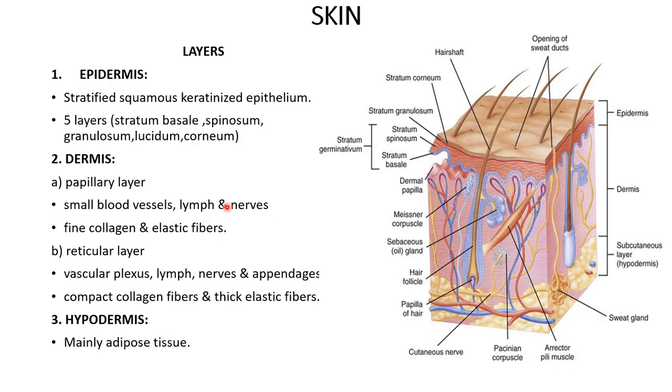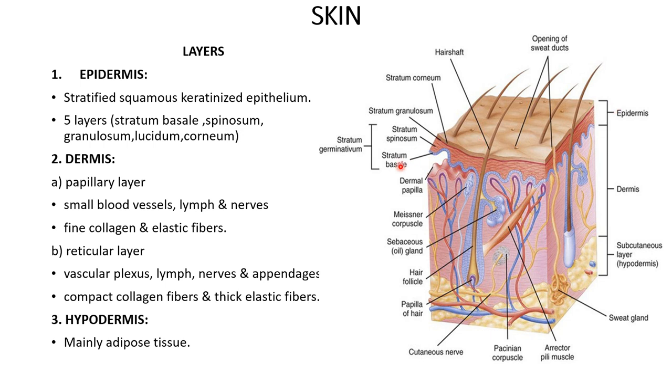Now I would like to give you a brief summary of what we have studied. The skin comprises 3 layers: the epidermis, dermis, and the hypodermis. The epidermis constitutes 4 cell types: the keratinocytes, the Langerhans cells, the melanocytes, and the Merkel cells.